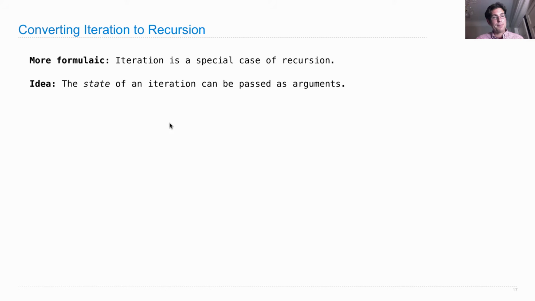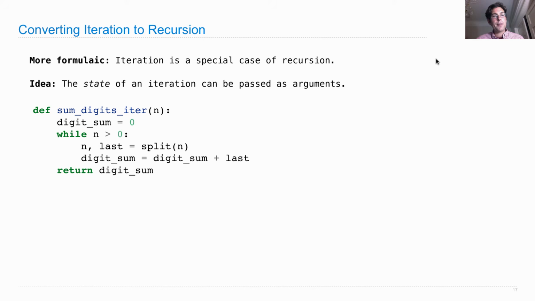So here's the story. When you look at an iterative implementation, you look for the state that is maintained across different iterations, and you just pass those in as arguments. So here's our iterative implementation of sumDigits.